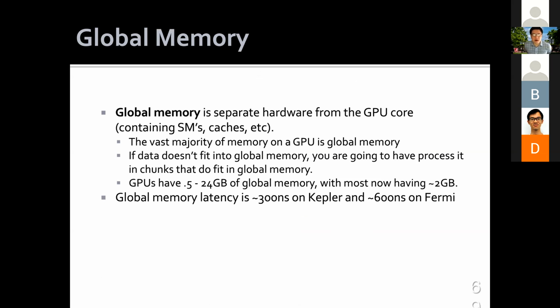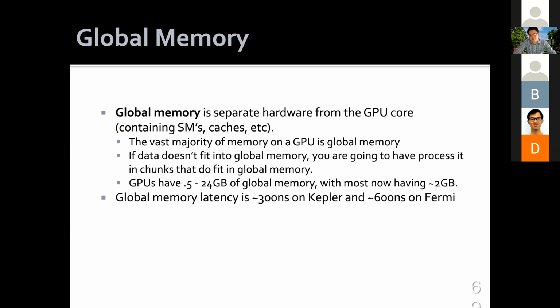So let's first talk about the global memory. Global memory is separate hardware from the GPU core, which contains the streaming multiprocessors, caches, and so on. The vast majority of the memory on a GPU is global memory. For example, everyone should know some gaming, right?